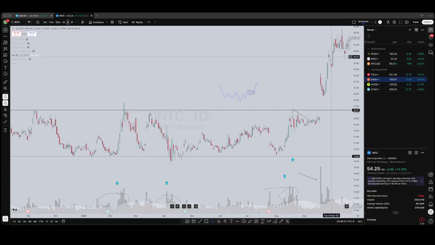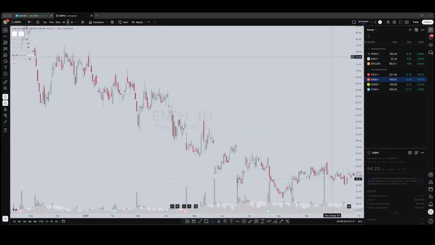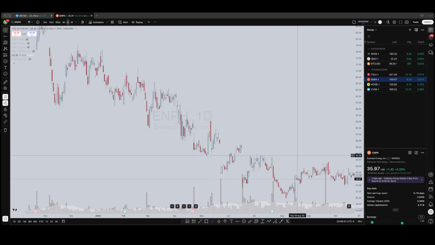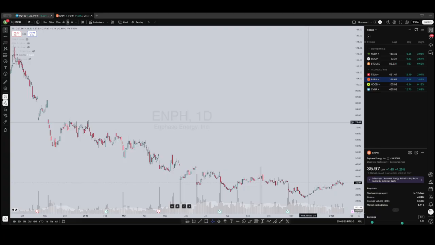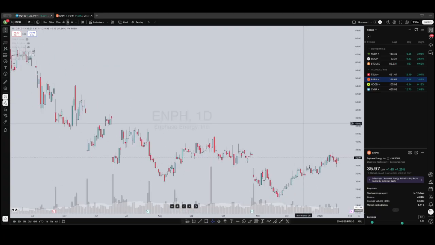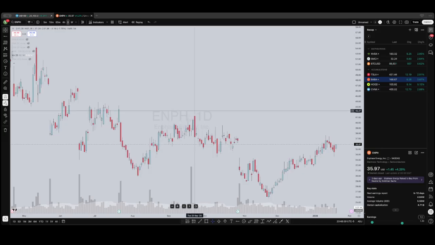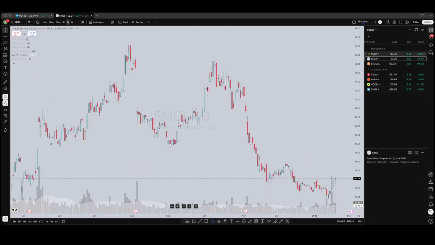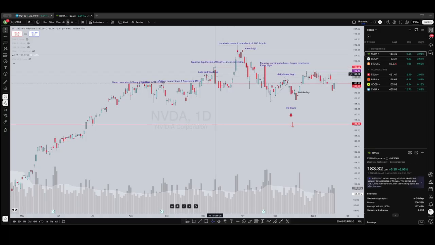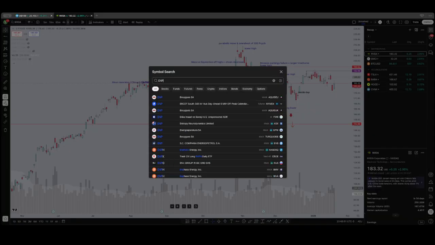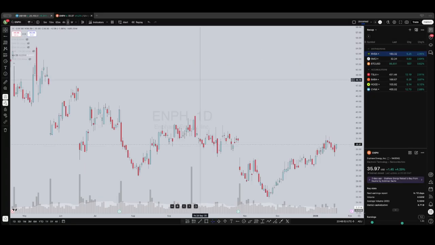A lot of people were asking me whether I wanted to short some of these solar names back in October, when I was looking to go short on Nvidia somewhere up here. I posted about it on Twitter, and a lot of guys in my comments were like, why are you shorting the market leader? Why don't you short something that is weak, just like these solar names, like Enphase Energy?